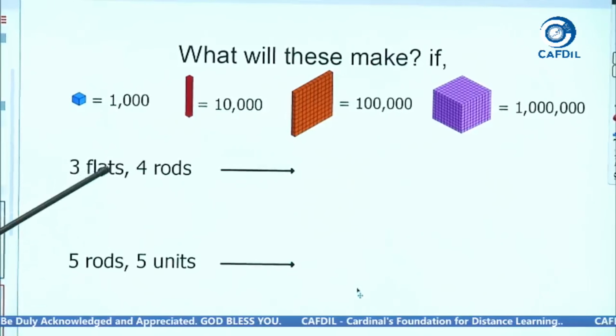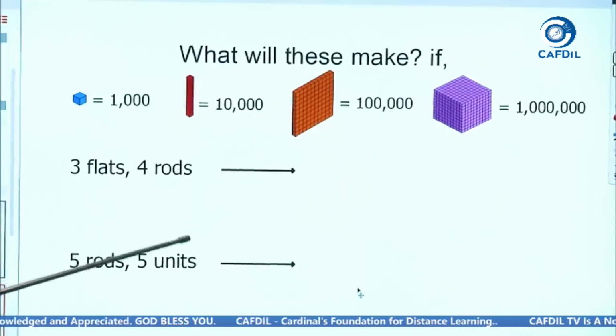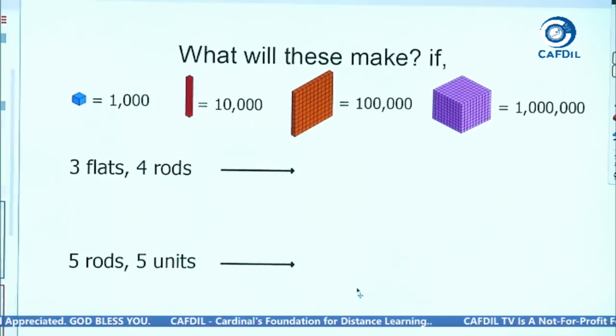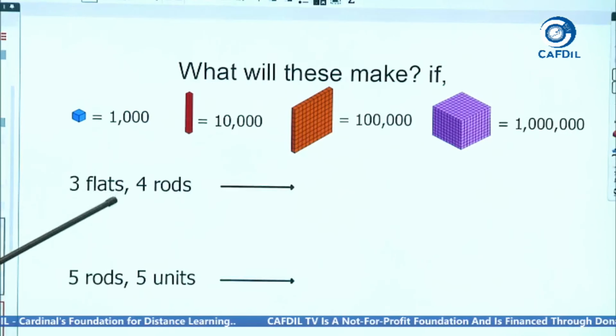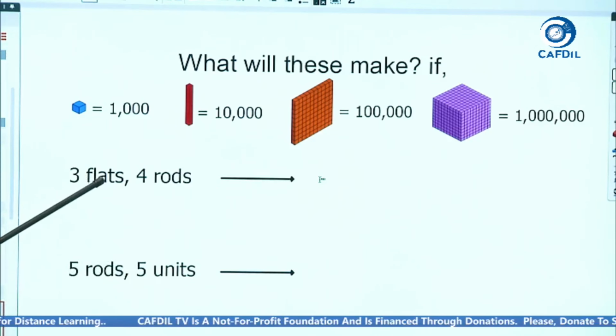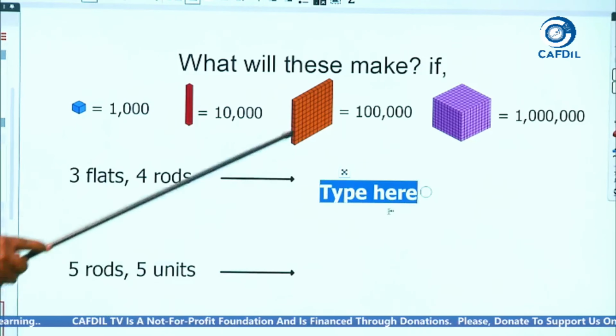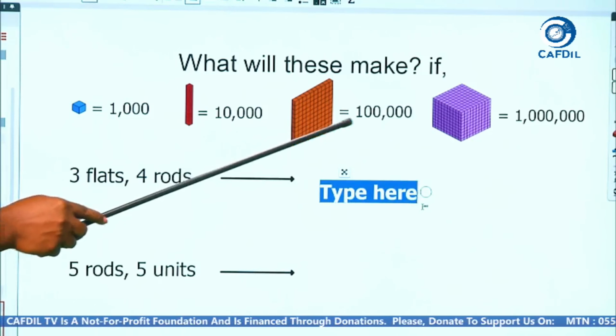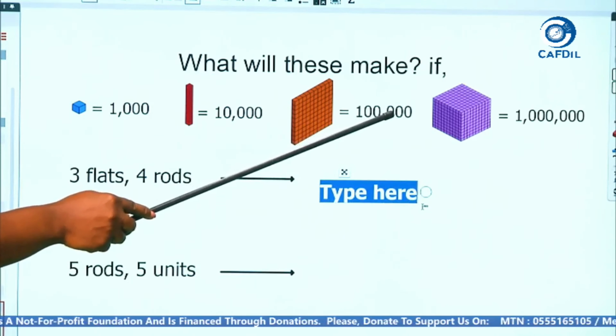So if you have 3 flats and 4 rods, what will be the value? We are going to represent the material with their values. So 3 flats. Where is the flat? We have the flat here. So it means it's 100,000.